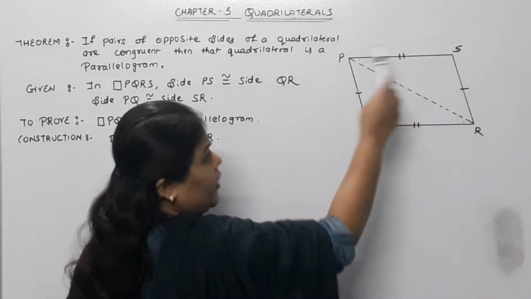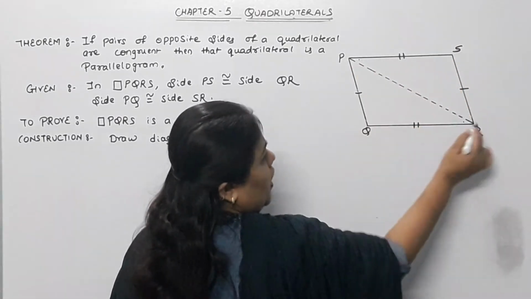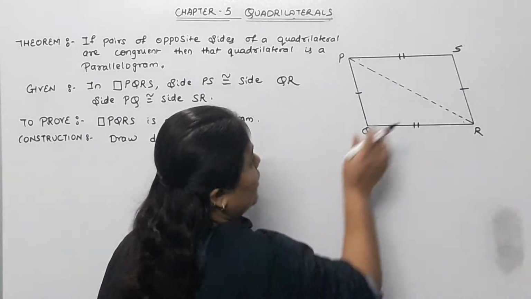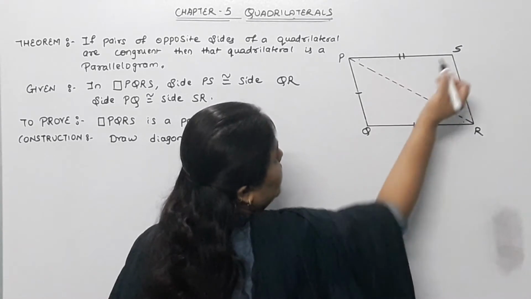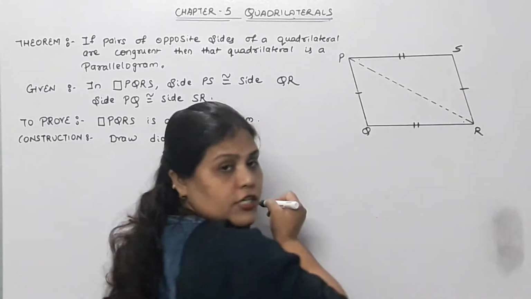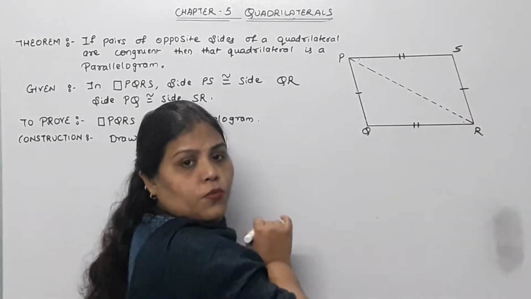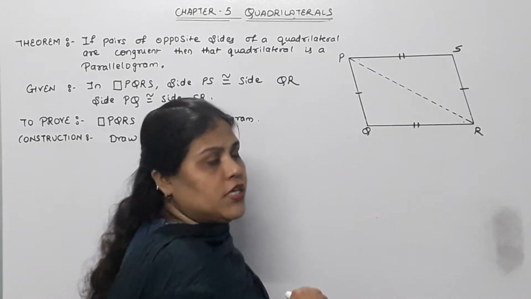Now if you see the figure, in this we have two triangles PSR and QRP, right? In these two triangles we have opposite sides congruent, like in the first triangle we have PS congruent to QR in the second triangle, and SR is congruent to PQ, and diagonal PR is congruent to PR, that is the common side.